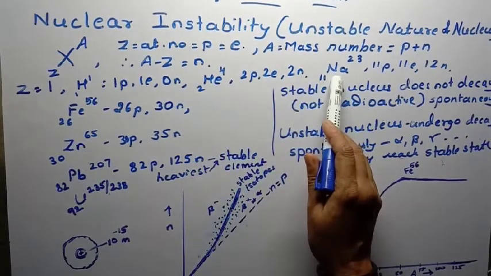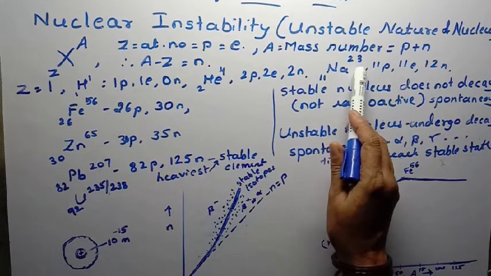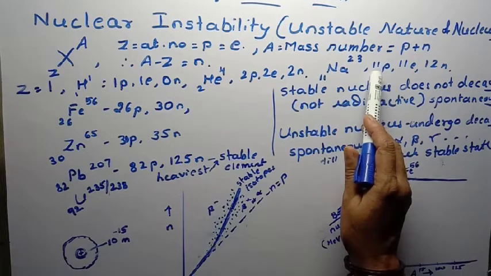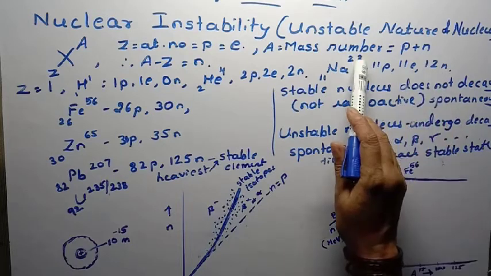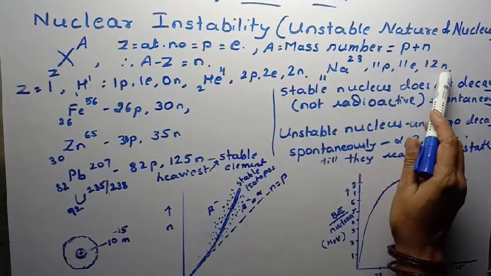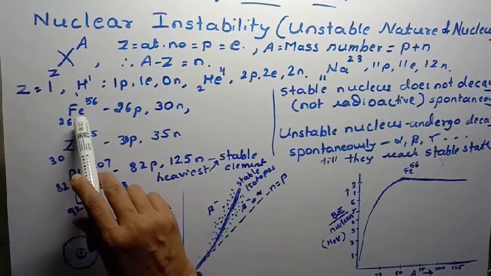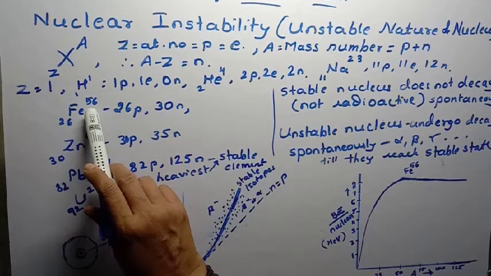Now the next element, say sodium. Atomic number is 11 and mass number is 23. So sodium contains 11 protons, 11 electrons and 12 neutrons, since 23 minus 11 is 12. We'll go to the next element. Take iron. Atomic number is 26 and mass number is 56.